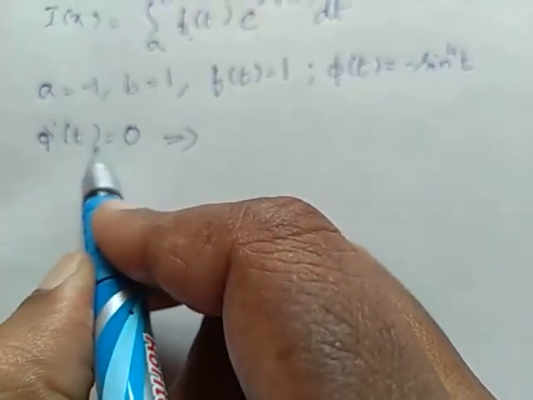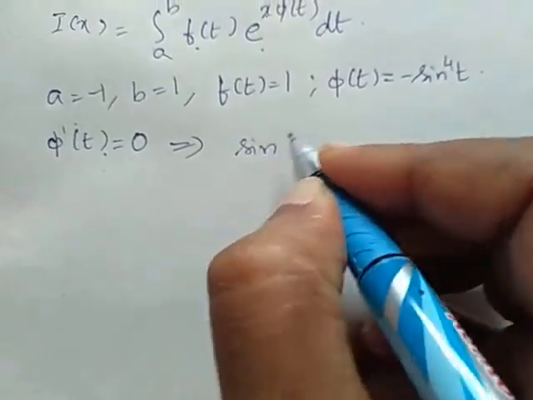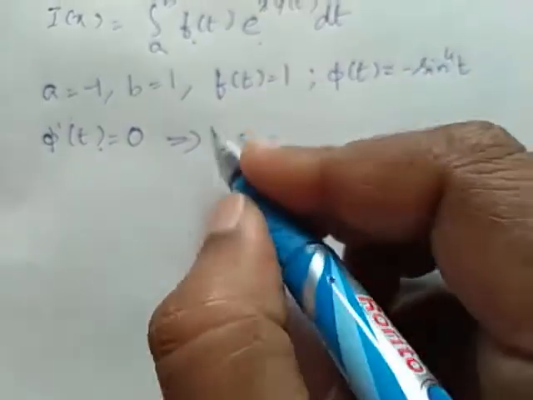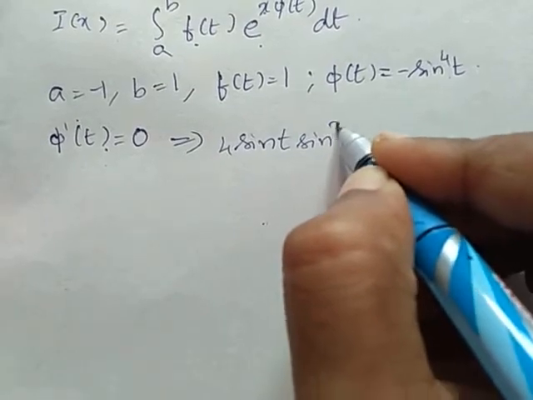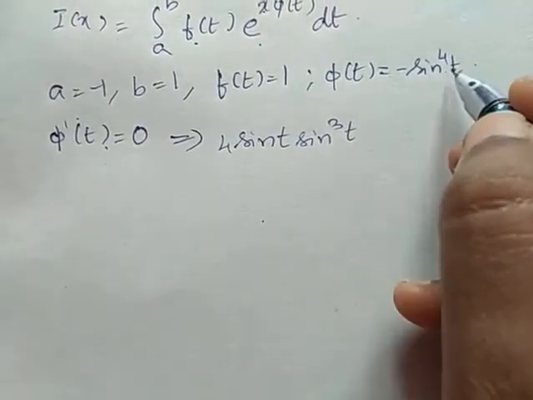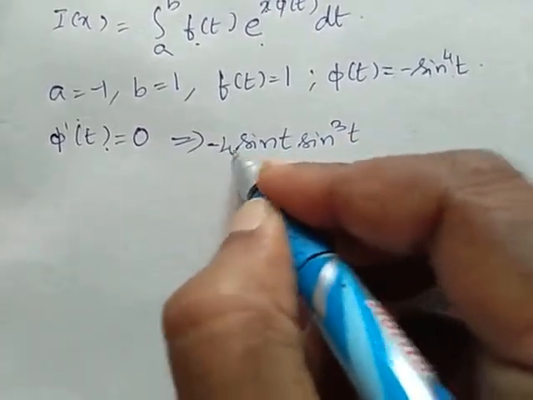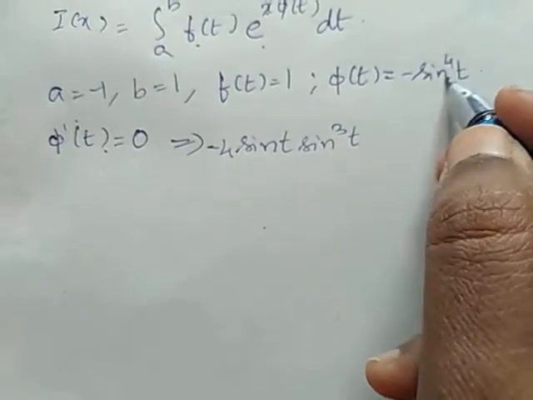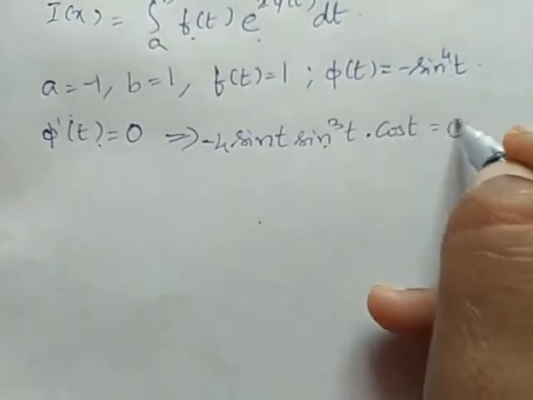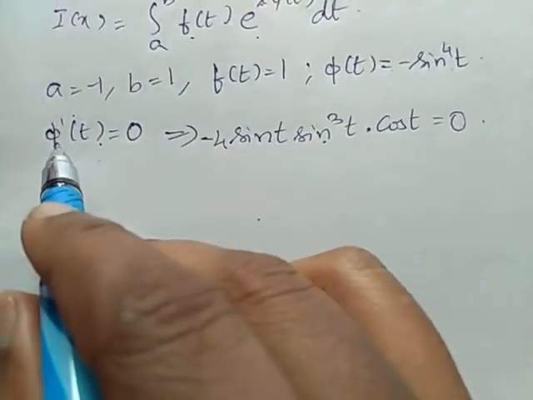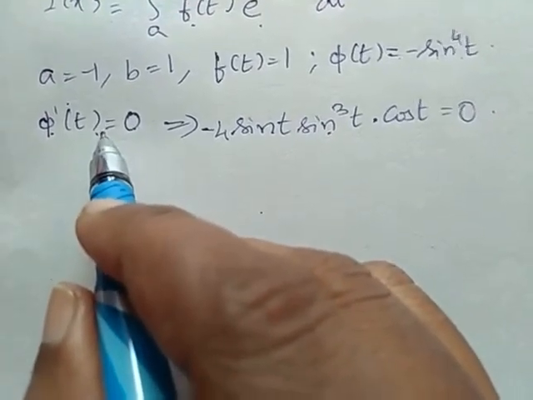Phi dash of t is equal to 0 implies, differentiation of sin power 4t is minus 4 sin cube t into the differentiation of sin t, which is cos t, equal to 0. Phi dash of t is 0. At this point we will get the maximum value or minimum value according to the condition.